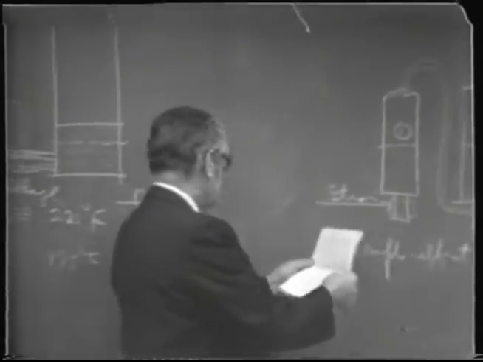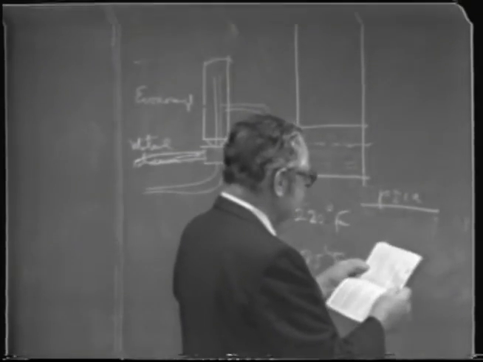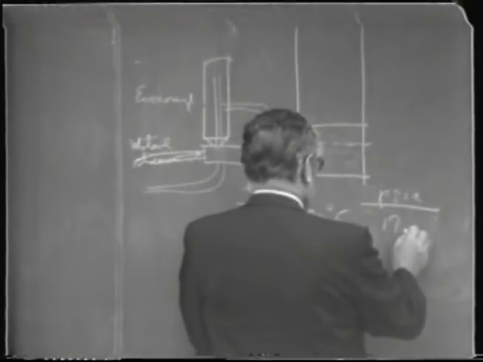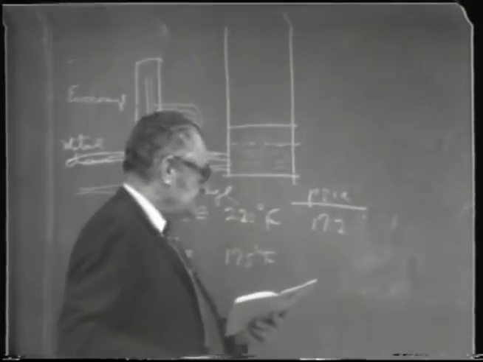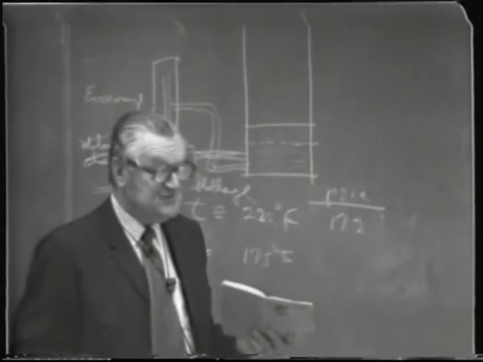So let's see what that is here. For 220 degrees Fahrenheit, the pressure is 17.2 pounds per square inch absolute, or about 3 pounds per square inch gauge, see? Just what I said.